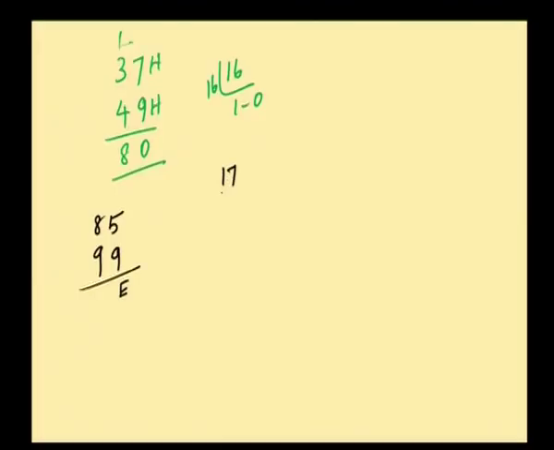So, 17 which is greater than 16, so I have to convert into hexadecimal number. So, 1 times 16, remainder is 1. So, the remainder first we have to write, then this number. So, the answer is 11E, but the accumulator size is only 8 bit.